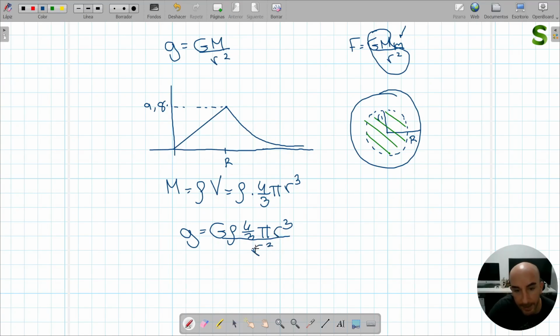And you can see here that the r's can be simplified, and we have G density 4/3 pi r, which depends solely on r. It's a straight line.